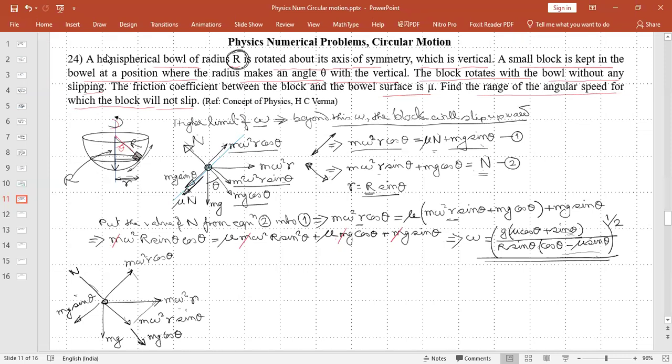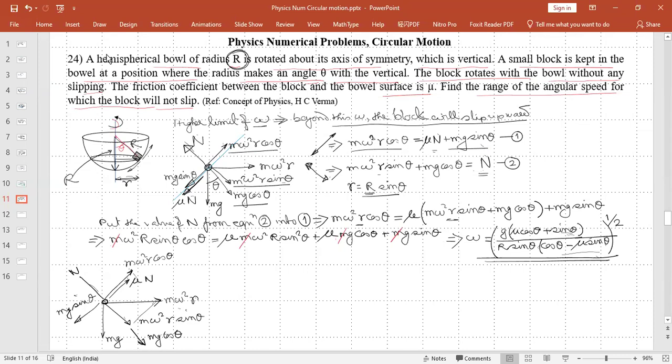And this time, the friction force works upward. This is mu N. Friction force is upward because we are trying to find out the slowest speed, so that if it is slower than this, then the body will slip downward, so there will be friction force upward.